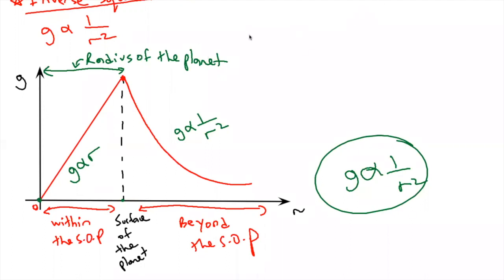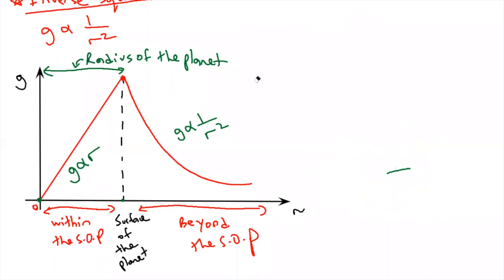Now, I should have told you this before. A level is proof and logic. So we cannot just say that something is a fact. Apologies for that. So let's prove why inside the planet G and R are proportional. Now, let's make a circle.